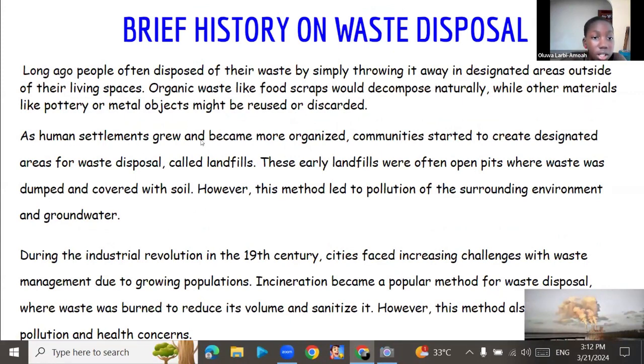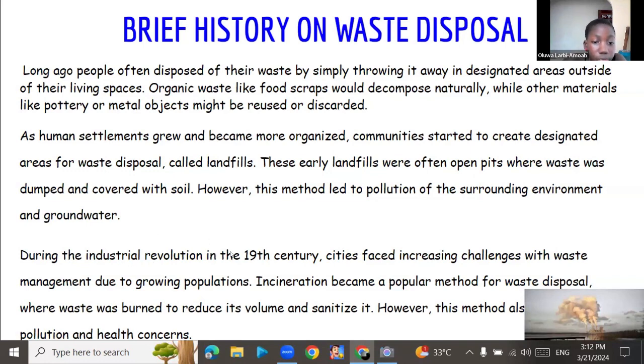As human settlements grew and became more organized, communities started to create designated areas for waste disposal called landfills. The early landfills were often open pits where waste was dumped and covered up with soil. However, this method led to pollution of the surrounding environment and groundwater.